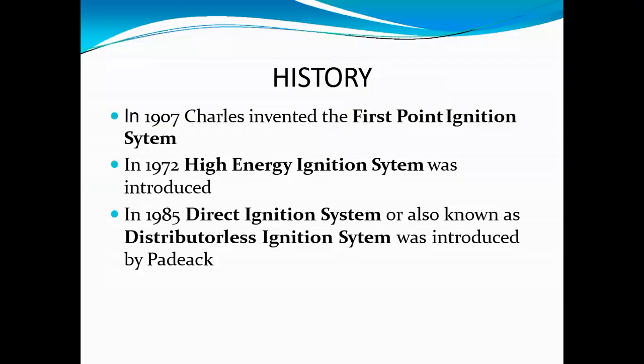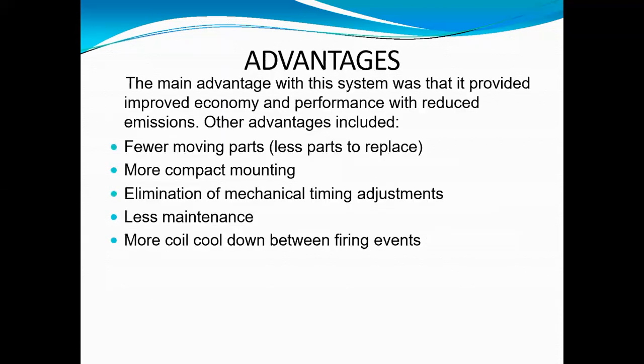First, the history of ignition systems. In 1907, the first point ignition system. Next, the higher energy ignition system was developed in 1972. In 1985, the direct ignition system, also known as the distributionless ignition system, was introduced by Packard.